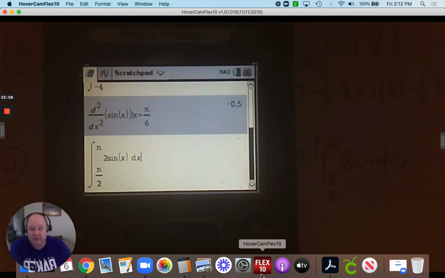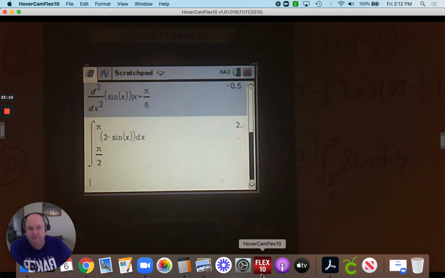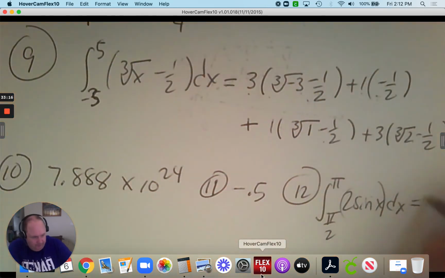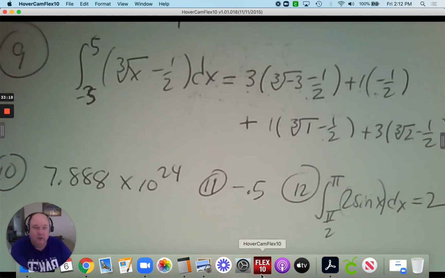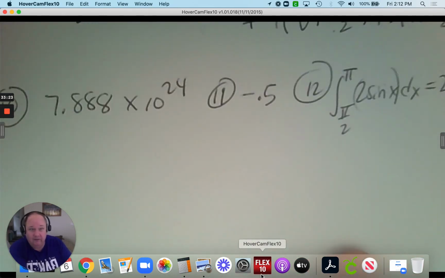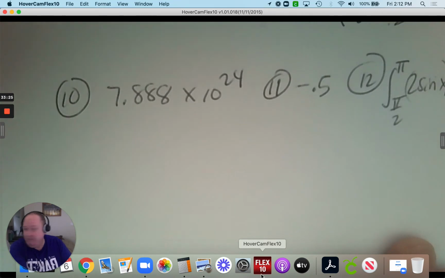There's your setup. Control, enter, and you get the answer 2. Done. So, do you have the ability to use your calculator to do some calculus? Yay. All right, what number are we at now?